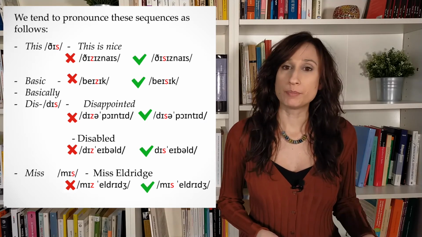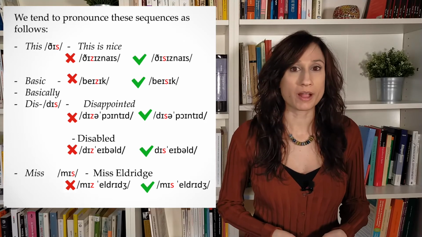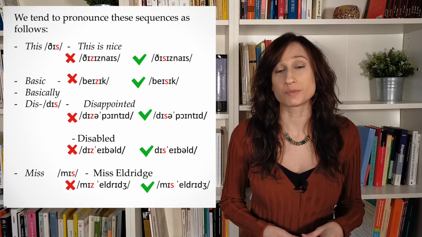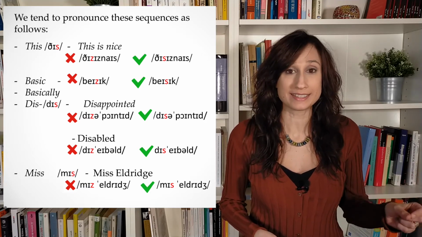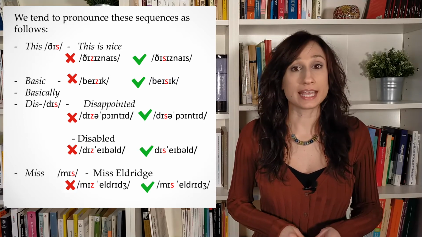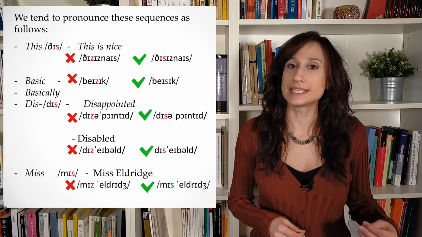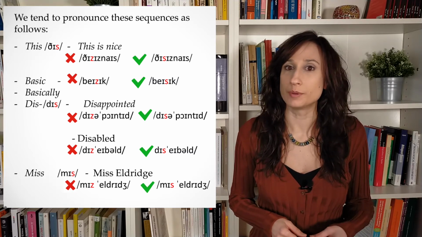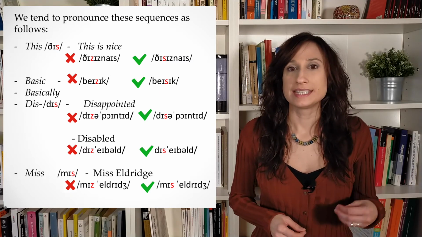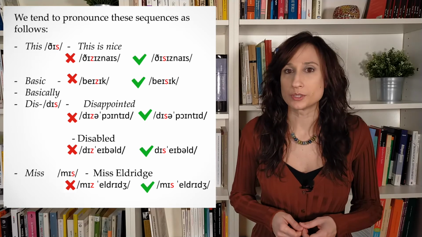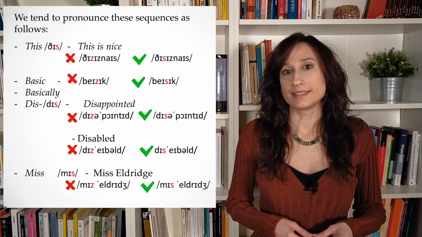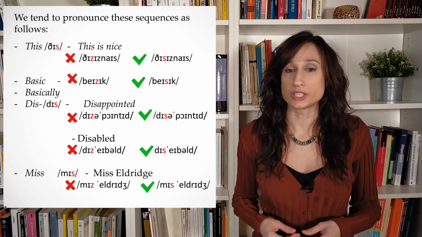Similarly, the word "disappointed" tends to be mispronounced as well because any word that starts with the prefix "dis" is pronounced with the voiceless S. So "disappointed", not "dizappointed". "Disabled" is with S as well, so you can't say "dizappointed", "dizappear", or "dizabled". Can you hear the difference? I'm sure you can. And a word like "miss", as in Miss Eldridge, is pronounced with an S as well. So Miss Eldridge and not "Mizz" Eldridge.